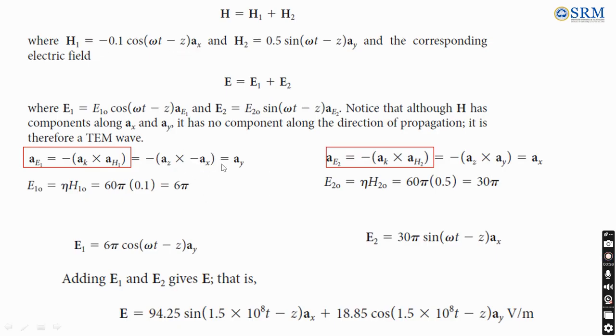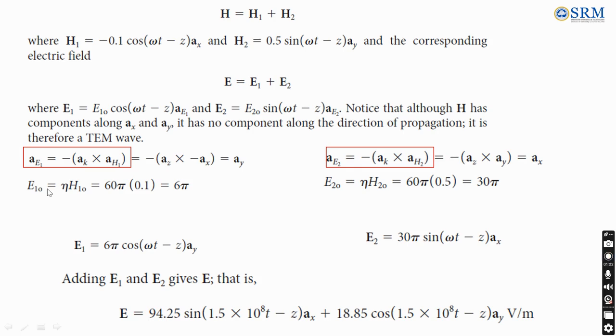So if you substitute, we get the answer as AY. Already one negative sign is there and one more negative, so positive AY. Similarly, for the next component, it is minus of AK cross AH2. So AK is the same AZ, and AH is going to be AY. Z cross Y is nothing but minus AX, and along with this negative, it is going to be plus AX.